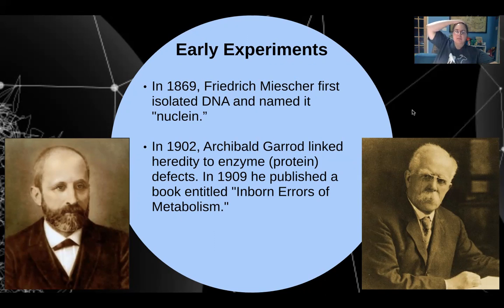He was one of the first to argue that proteins have to be the genetic material, because the proteins are expressing our traits. When something's not right with the protein, the trait isn't expressed properly, so therefore it must be the protein that is our genetic material.